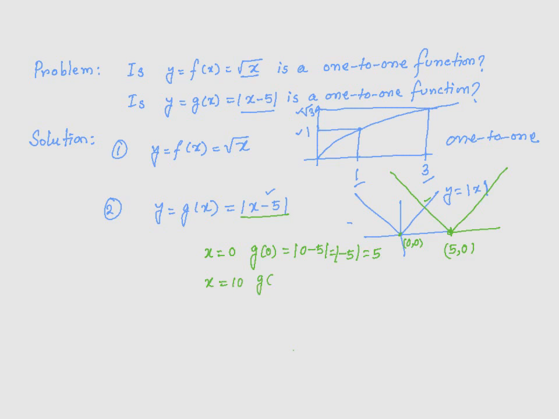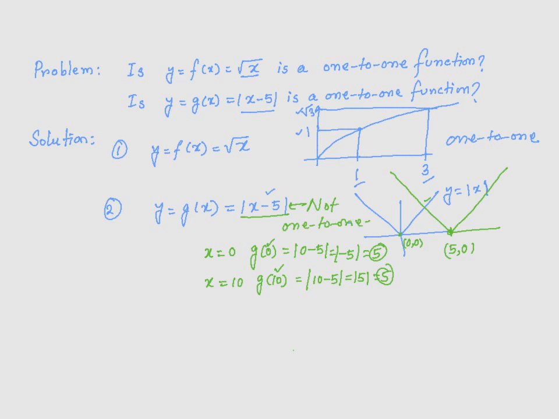Then g of 10 is going to be absolute value of 10 minus 5, which is absolute value of 5, which is 5. So I have two different x values, however I have the same y value. So this function is not one-to-one.